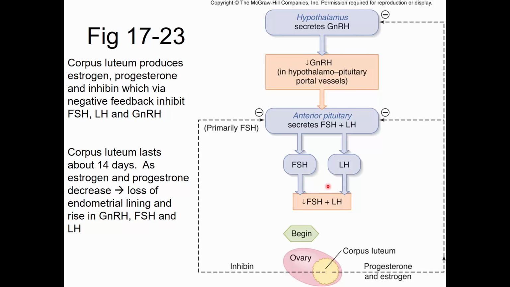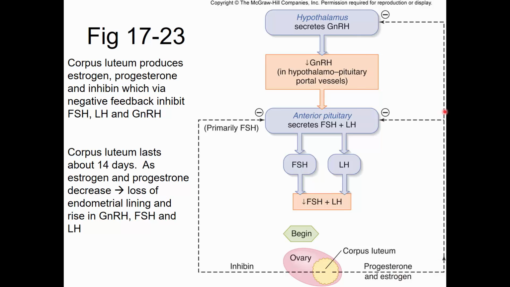So once ovulation occurs, we go back to negative feedback. We've got a corpus luteum that's producing estrogen and progesterone and inhibin. Inhibin and progesterone are going to inhibit everything. We inhibit GnRH. We inhibit FSH and LH. Inhibin specifically works on FSH.